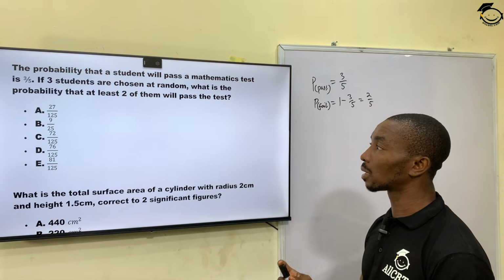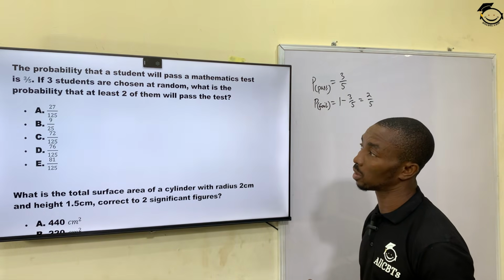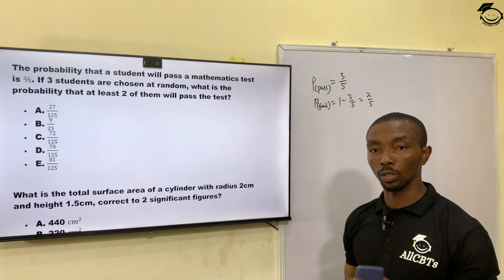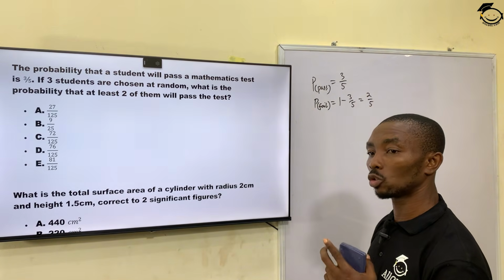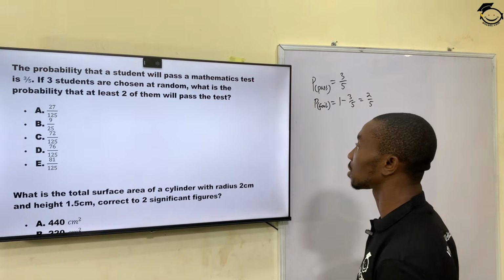Now, when we talk about at least, it simply means that the least number of people to pass the test among the 3 students would be 2. So that means it's either 2 pass and 1 fails, or all 3 of them pass the test.